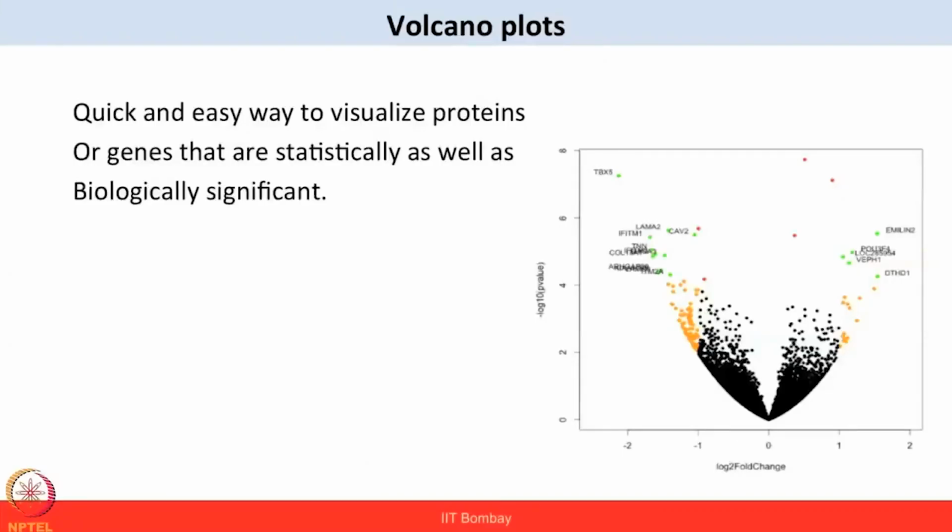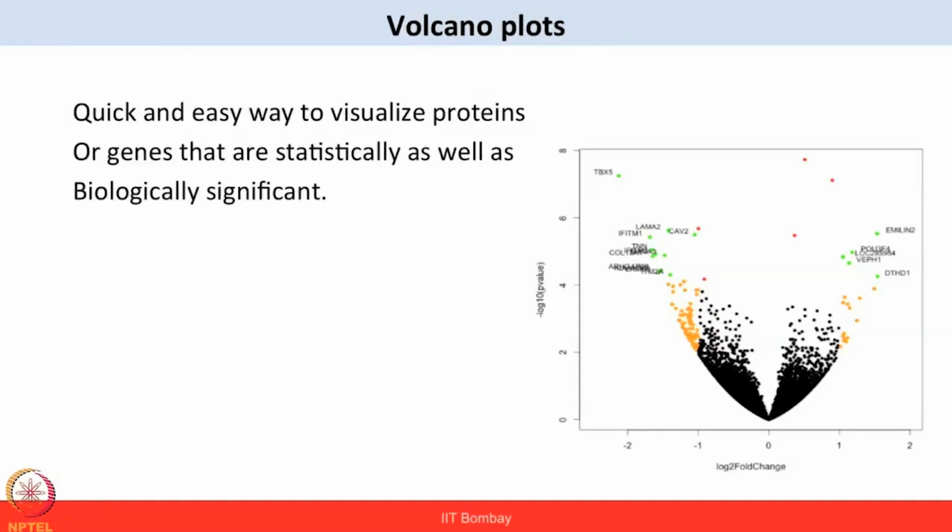Volcano plots are a quick and easy way to visualize the genes or proteins that are statistically significant. In volcano plots, on the x axis there are log2 fold change values, and on the y axis there is the negative logarithm of p values. After you perform your t-test or ANOVA, you end up with p values for a particular protein, and you can also determine the fold changes of the disease samples in comparison to the control samples.